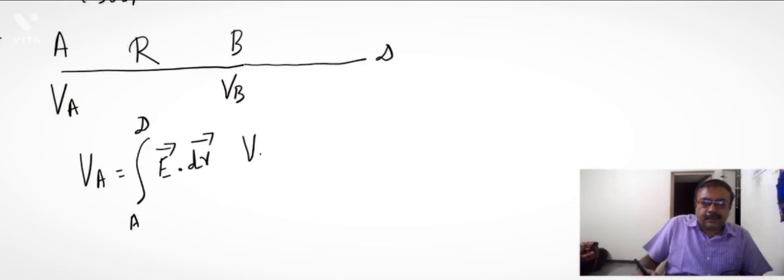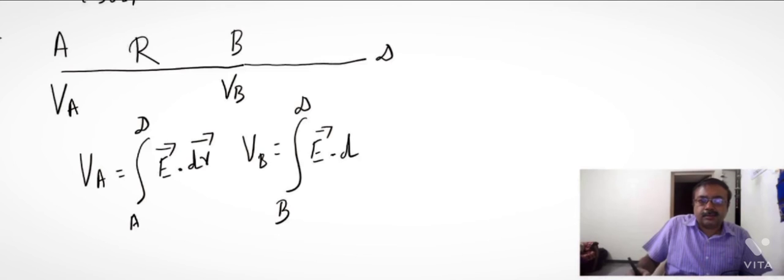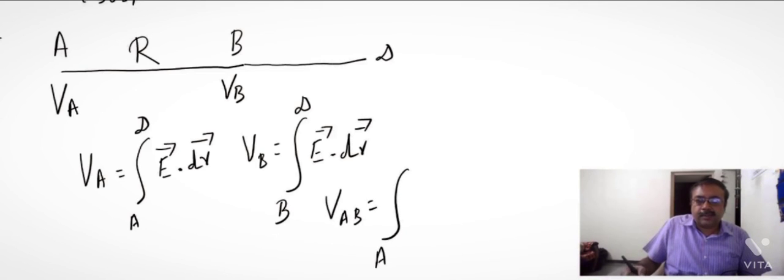In a similar way, the potential at B is the work done in moving a test charge from B to infinity. So to summarize, the potential difference AB is going to be the work done in moving a test charge from A to B, which is nothing but E dot dr.